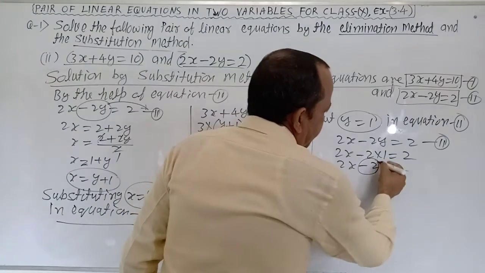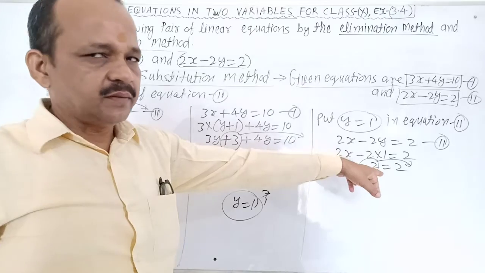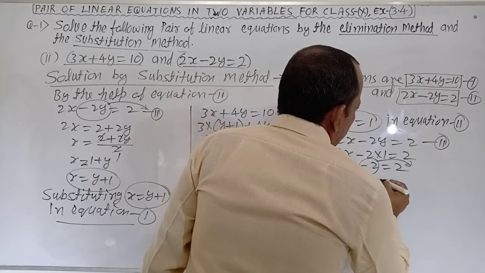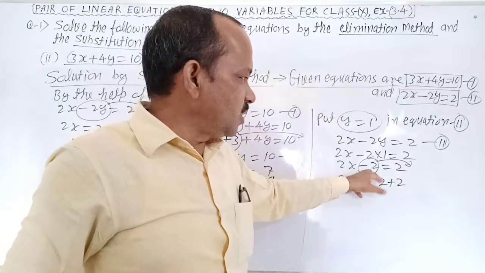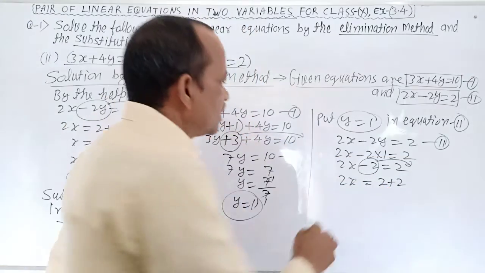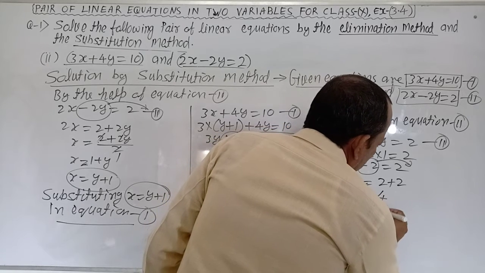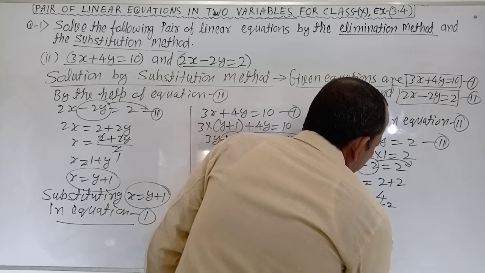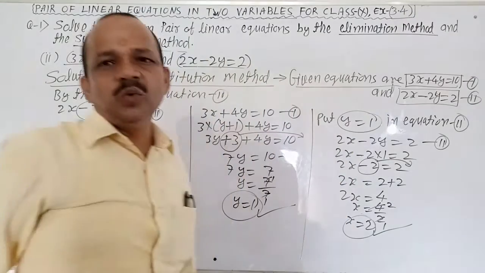You can write minus 2 on the right side of equal. It becomes 2x equal to 2 plus 2. Here minus 2, when you write on the right side of equal, becomes plus 2. Clear? 2x equal to 4, x equal to 4 by 2, x equal to 2. You find y equal to 1 and x equal to 2.